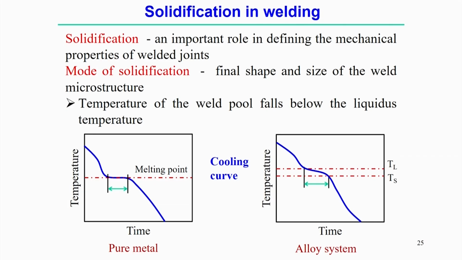That lapse of time is basically the release of latent heat by changing phase from liquid to solid. The graph clearly shows a phase change over time, from liquid to solid, and then in the solid state there is a considerable decrement of temperature over time. So, this is the typical solidification curve for a pure metal.